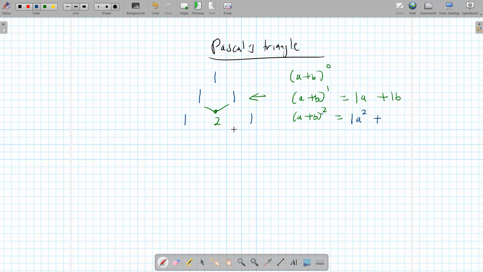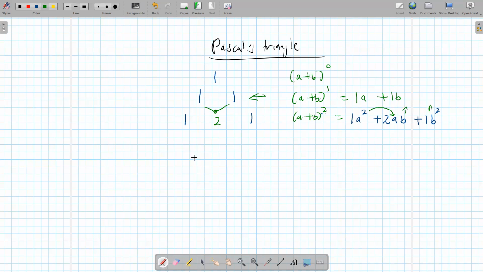The next term will have the middle coefficient 2, and then the power of a goes down by 1, and then the power of b increases by 1, like that. And then the last term, it's going to be 1, b, and then 1 more power. So a's power goes down, and then b's power goes up. See that?